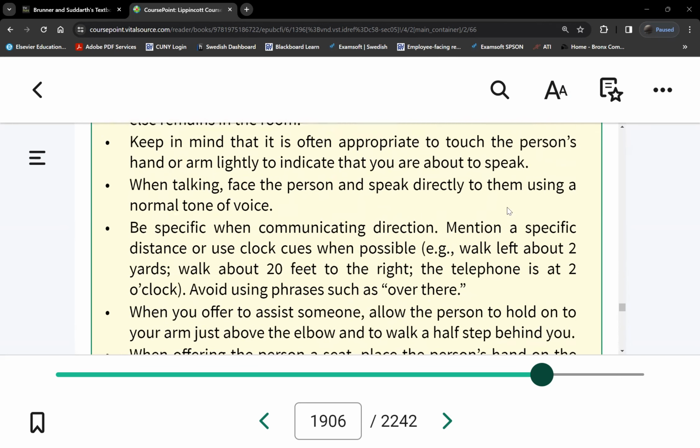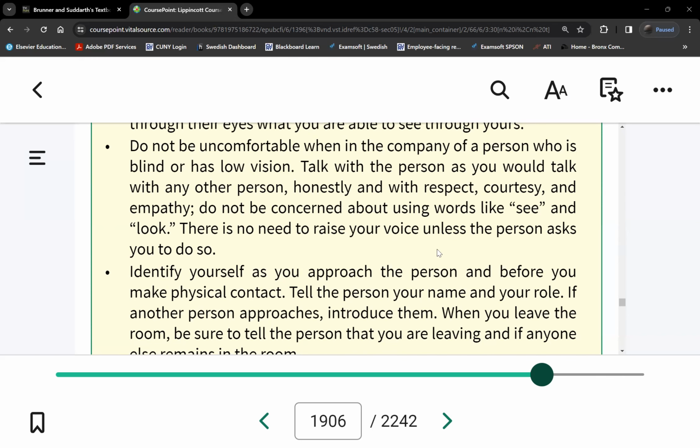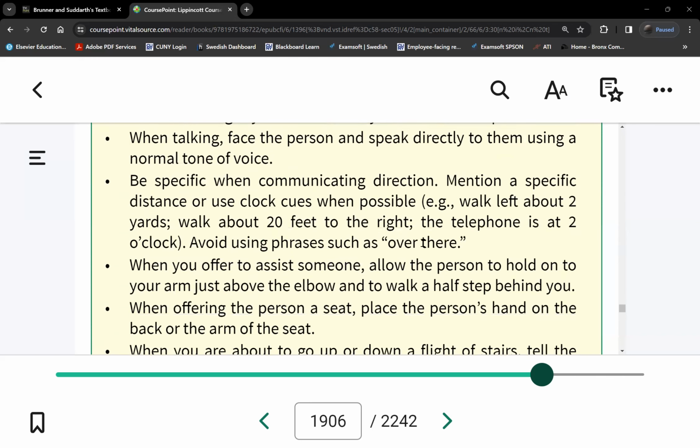So these are principles we must follow whenever we take care of vision impaired patients. So when you enter the room, do you just enter and then touch the patient directly? Okay, so you have to announce your presence, correct? So announce that you're entering the room, not go in there and then suddenly just touch the patient. You could give them a heart attack.